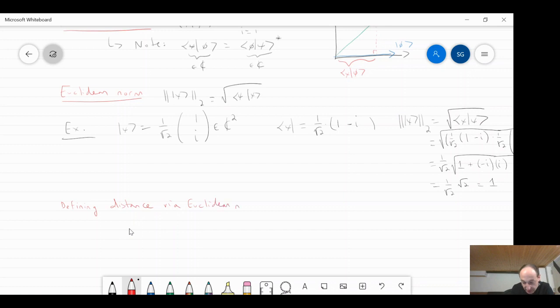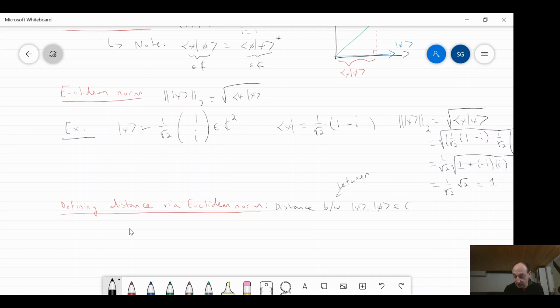By the way, this formula is fairly general, in the sense that the Euclidean norm is just one of an infinite number of norms. Once you have a norm, you could always define a distance. So the distance between two vectors psi and phi. They do have to live in the same space because we're going to subtract them.